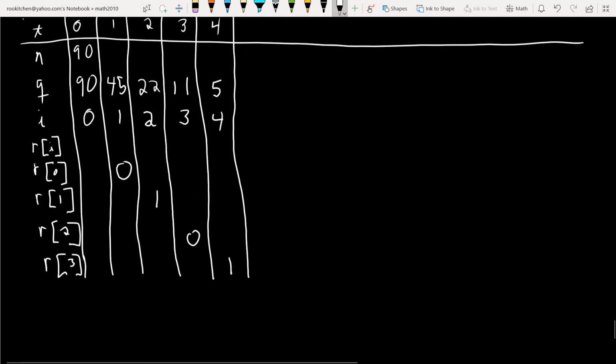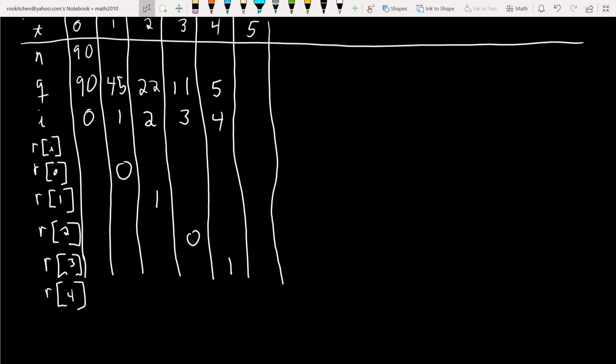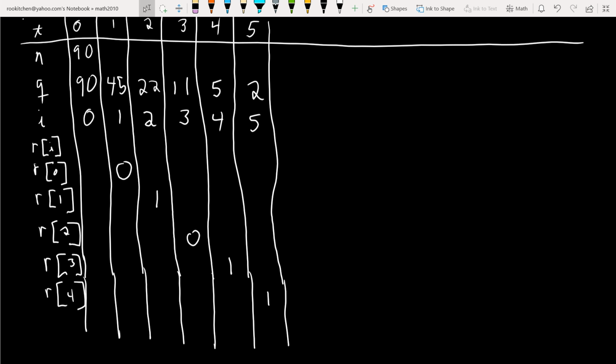Need a little more room there. Guess I'm gonna pull it off. So q is still not 0, so I can instantiate another R. So R4 will be 1, 5 div 2 will be 2, i goes to 5.